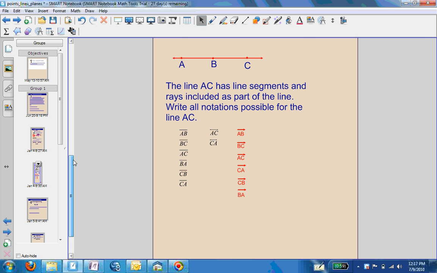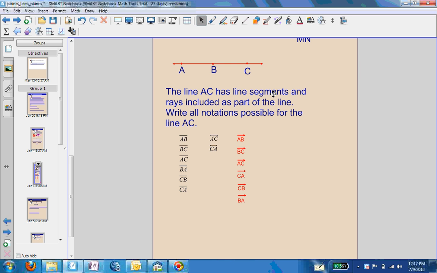Here we have line AC, and line AC has line segments and rays that are part of the line. We could look at all the different parts of this line. I have all the different notations written here that we could see when we were looking at this particular figure.